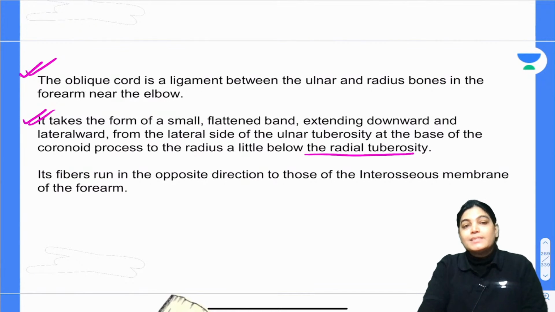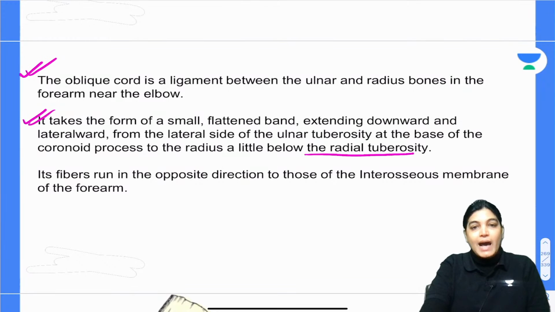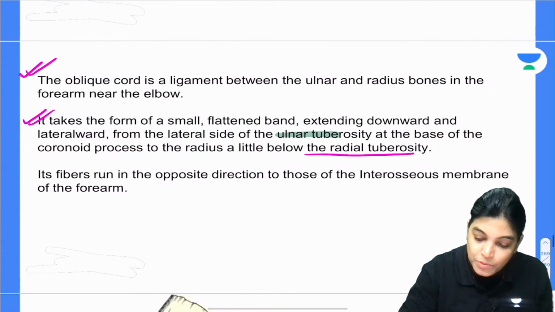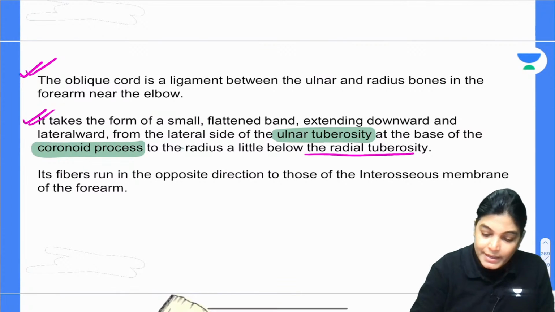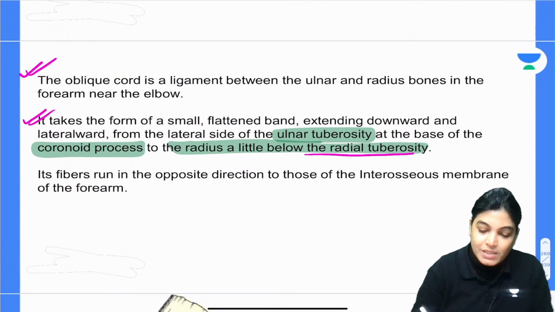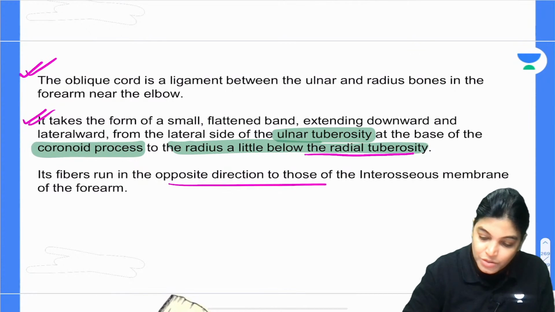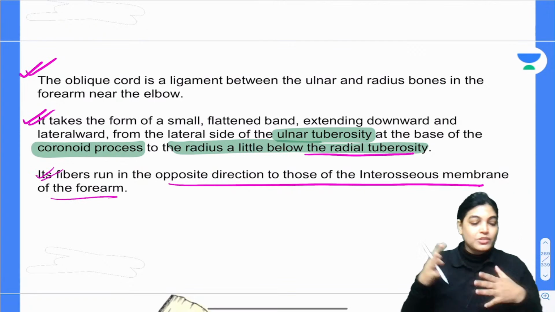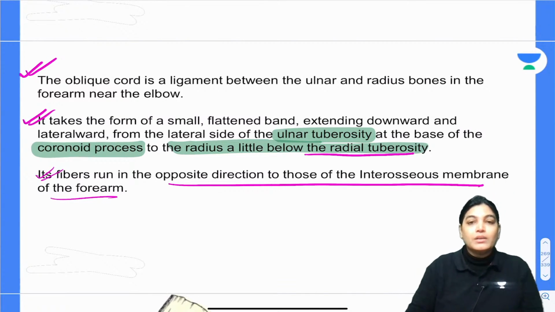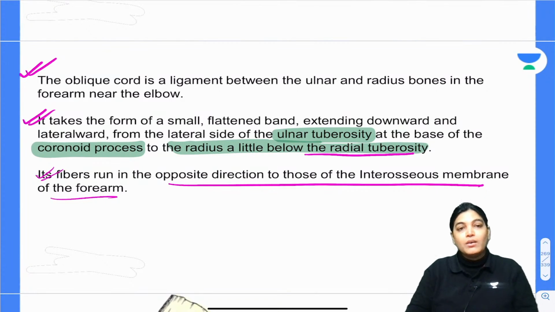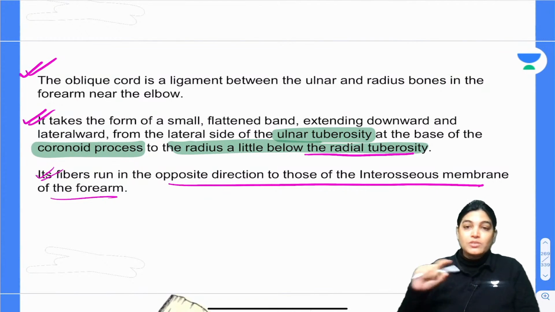It is an extension going in downwards and lateral direction, from the ulnar tuberosity at the base of coronoid process to the radius bone, a little below the radial tuberosity. Its fibers run in opposite direction to the interosseous membrane. Please note that the direction of the fibers of interosseous membrane and that of oblique cord are just opposite to each other.